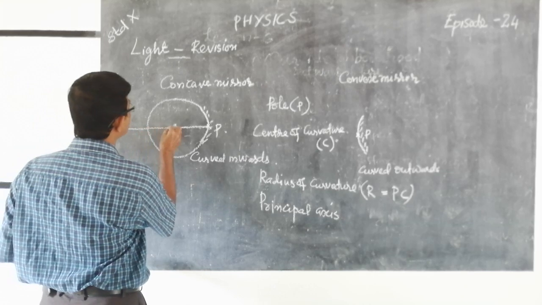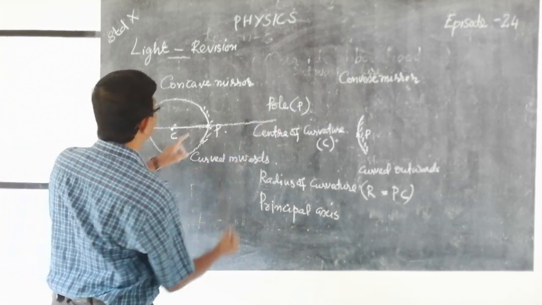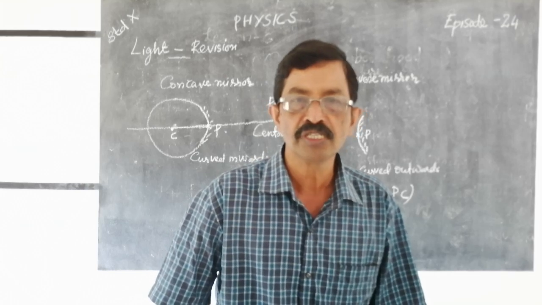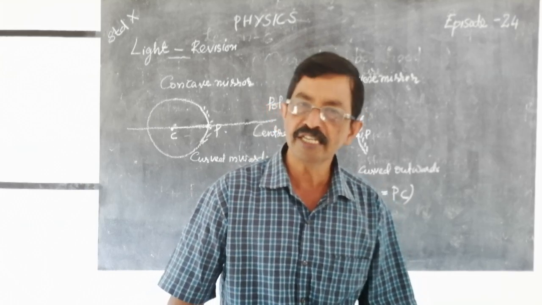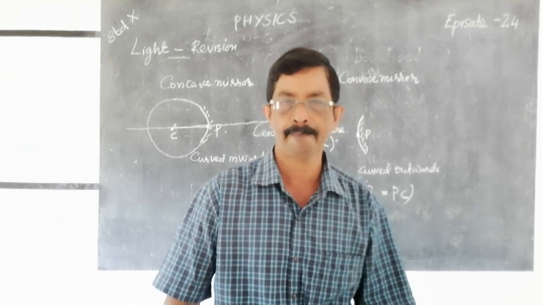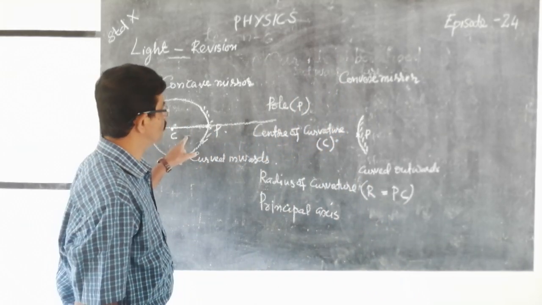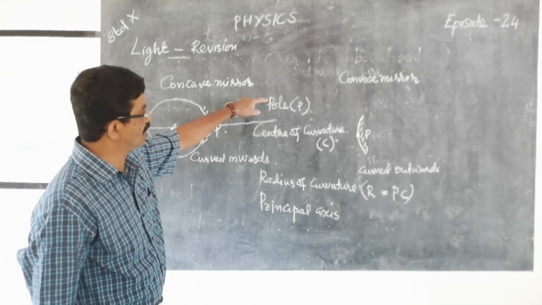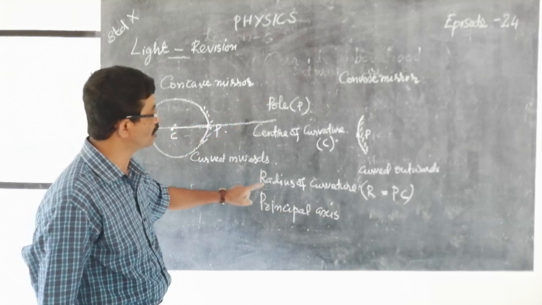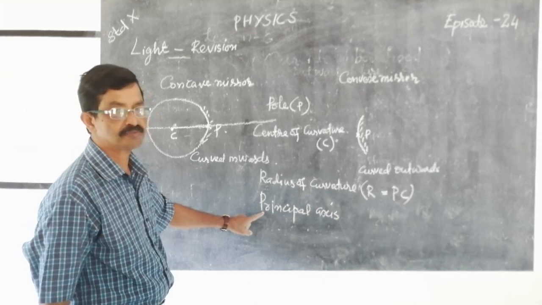A straight line which is passing through center of curvature and pole. A straight line which is passing through center of curvature and the pole is called principal axis. Now, how many terms have we discussed: pole, center of curvature, radius of curvature, principal axis?